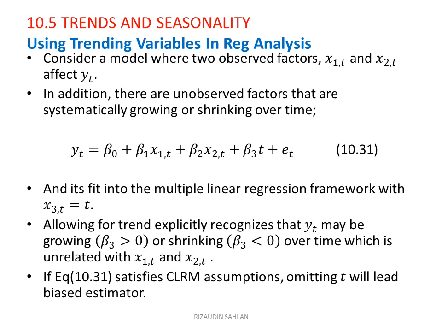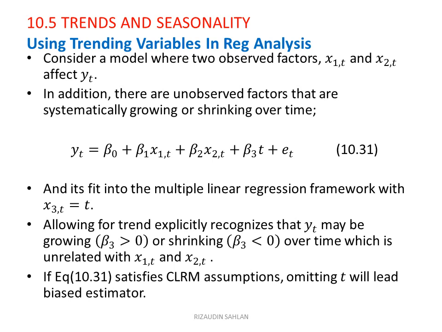Okay, and then beside x1 and x2, we also put the time variable t into our model. That means we usually want to capture the trend factor in our regression. If we assume that y is growing, of course we expect that the coefficient beta 3 must be positive, or if yt is shrinking, we expect that the coefficient beta 3 can be negative over time.